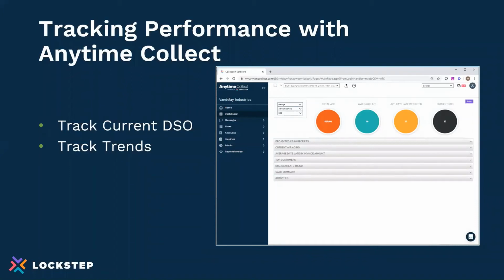You can also use it to evaluate not just collection policy, but credit policy and payment policy as well. Now, every company is different, and consequently, there is no set DSO amount that indicates good or bad receivables management. Therefore, when analyzing your days sales outstanding, it's good to benchmark yourself against others in your industry that have a similar business model. Anytime Collect provides these kinds of benchmarking opportunities as part of our service.